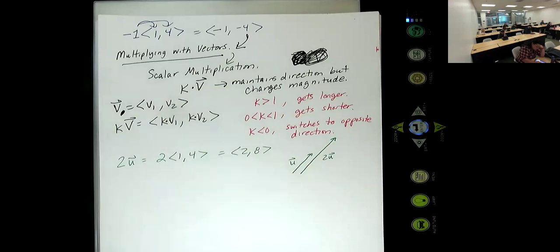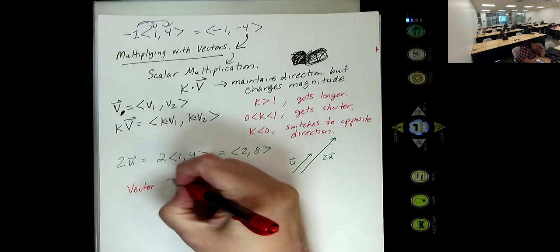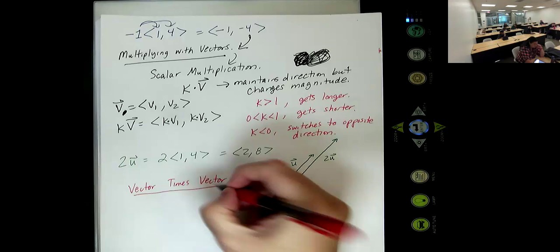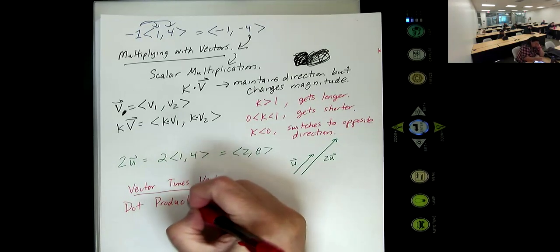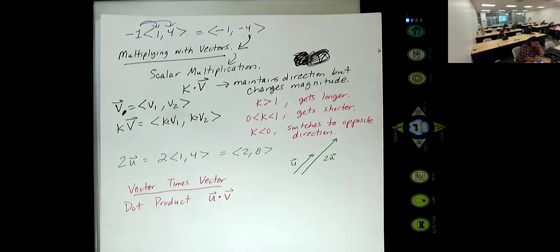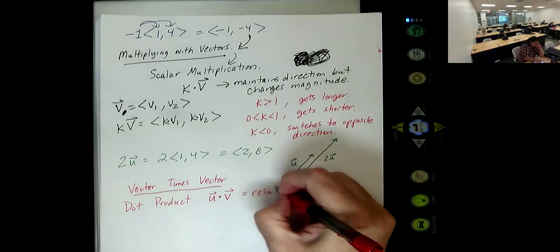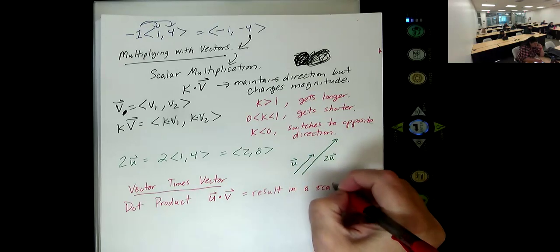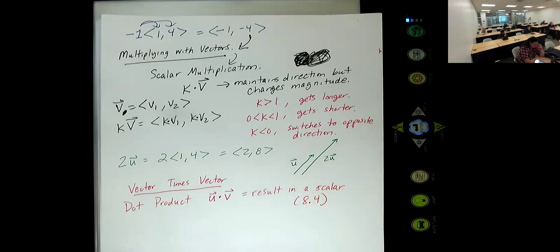There are other ways to multiply vectors when we have vector times vector. The first one is called the dot product, and we put a dot between them. This is going to result in a scalar, or just a number without direction. We're going to do that in 8.4.